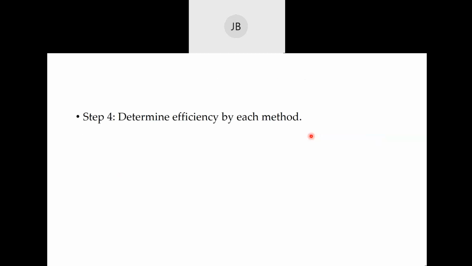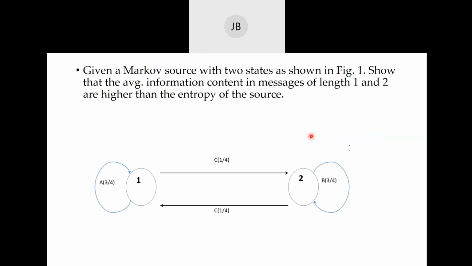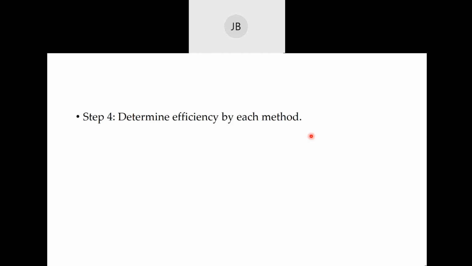So in this question, it is not so important what numerical values you get. But your idea of solving this problem is more important. How do you decide an encoding scheme is better? Either based on its efficiency or based on its average code word length.